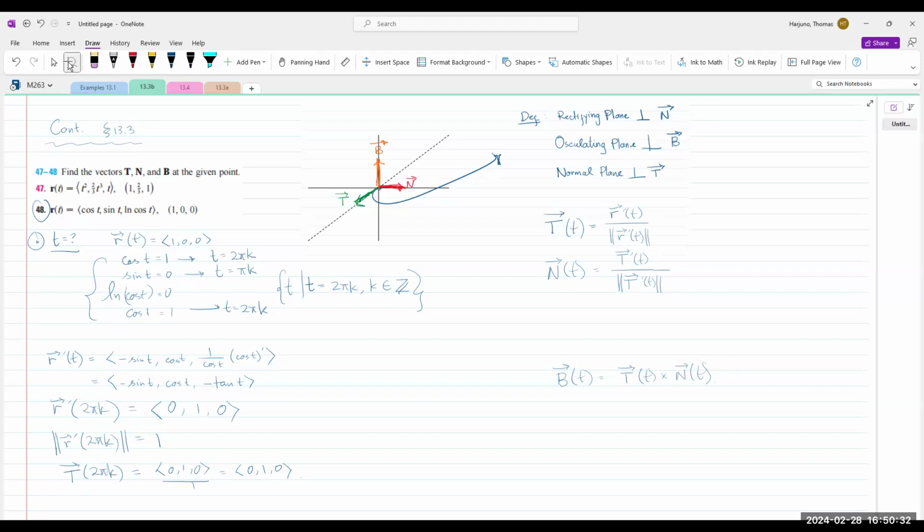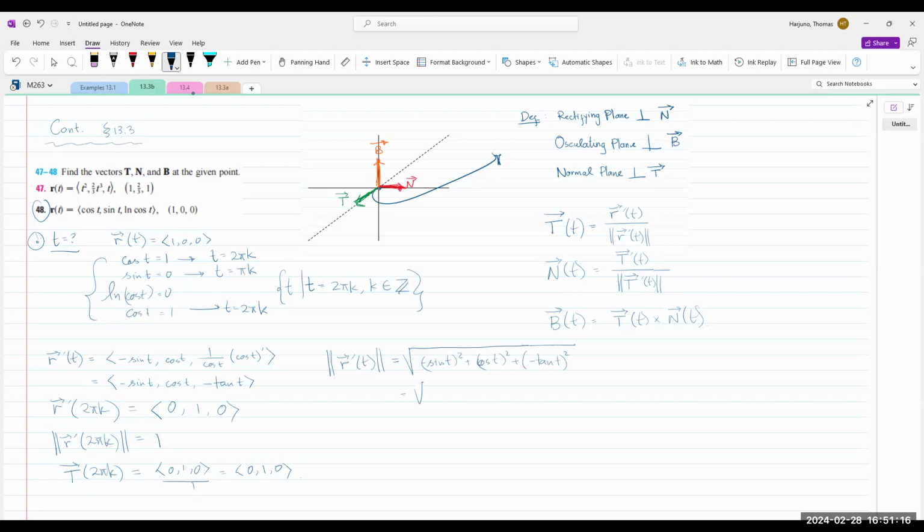Now next, how about the unit normal vector? I need to find the unit tangent vector function first. Oh shoot, I need to find the length here. So the length of r prime t is the square root of negative sine t squared plus cosine t squared plus negative tangent t squared.